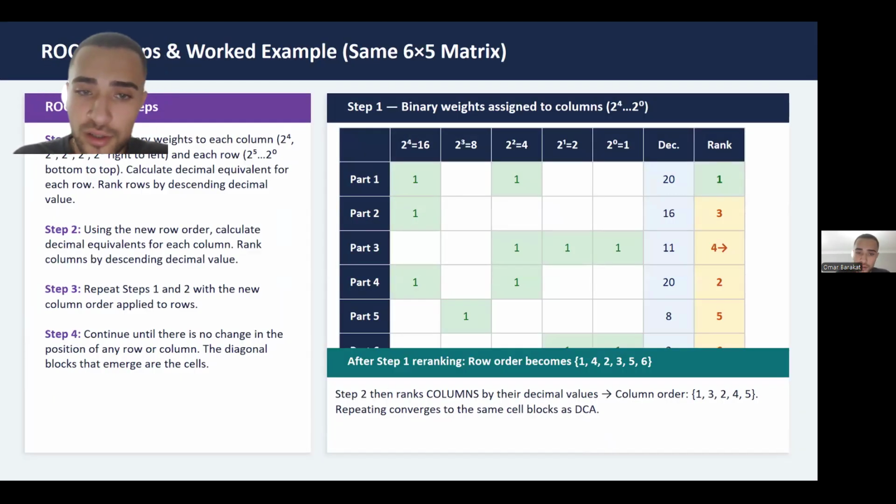The rank order clustering algorithm reaches the same result as the other one, but uses a different mechanism. Instead of simply counting ones, the rank order clustering algorithm assigns binary weights to each position, treating a 1 in an early column as more significant than a 1 in a late column.